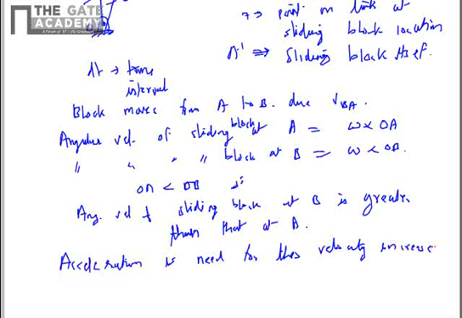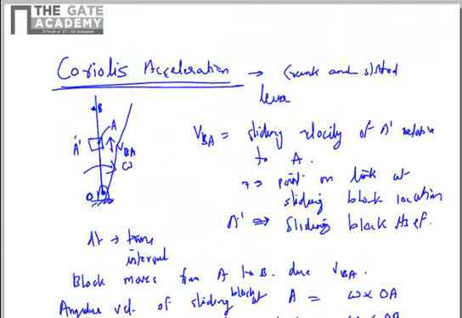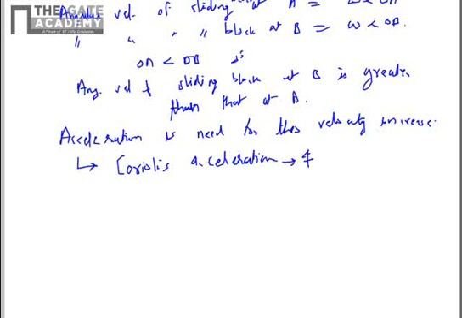This acceleration is known as Coriolis acceleration, because it is a fictitious force. This is not a naturally applied force. The natural motion of the link is that sliding block is moving along the link and the link is rotating. There is no external force applied on the system, but it is a fictitious force or fictitious acceleration.